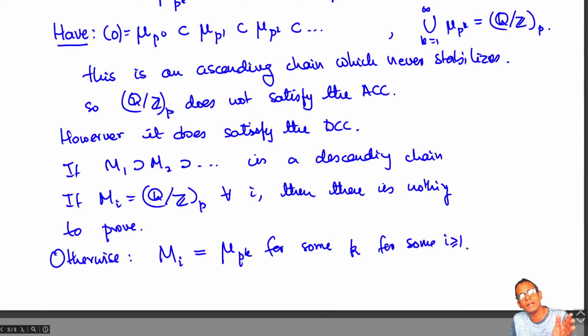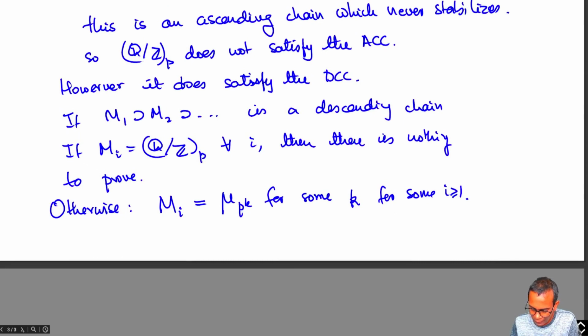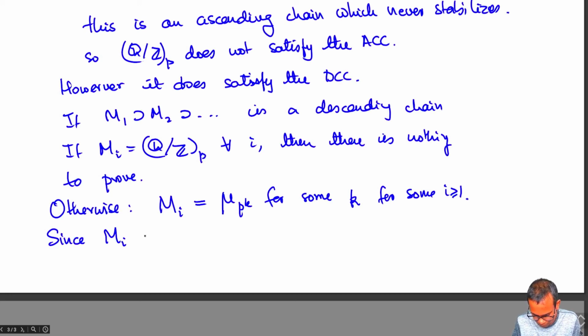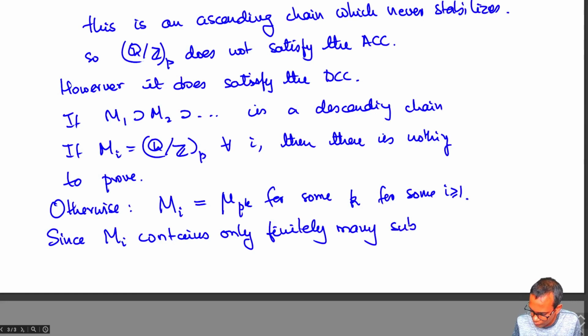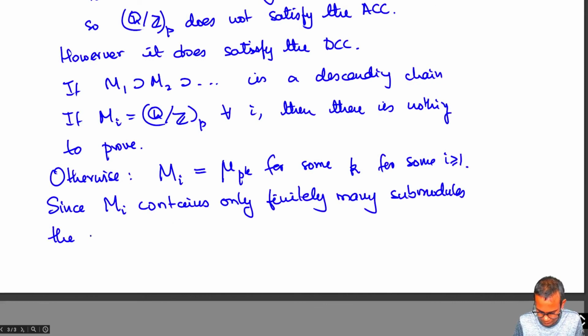So we have at least one term in this series which is a proper subgroup of Q mod Z p. And thereafter there are only finitely many submodules. The series M_i contains M_{i+1} must stabilize.